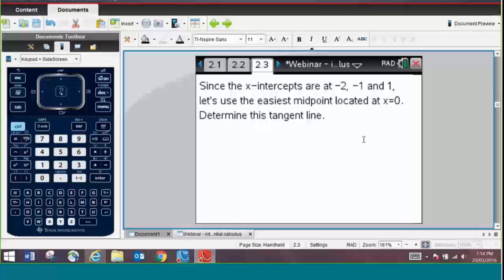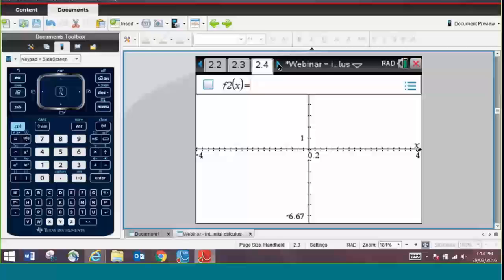So we can find the midpoint of any of those three, but the easiest midpoint will be to use at x equals 0. So I'll just put in f1 of x. Now notice I'm in a different problem number now, so this is no longer connected to that first part with the average rate of change graph.